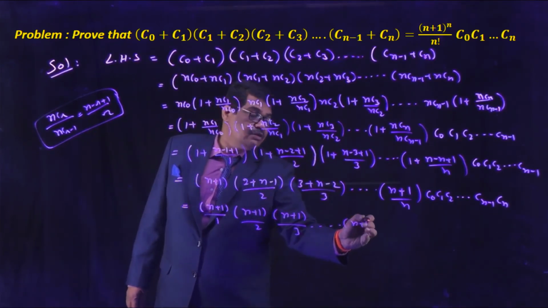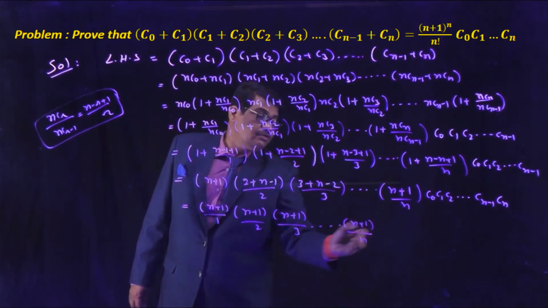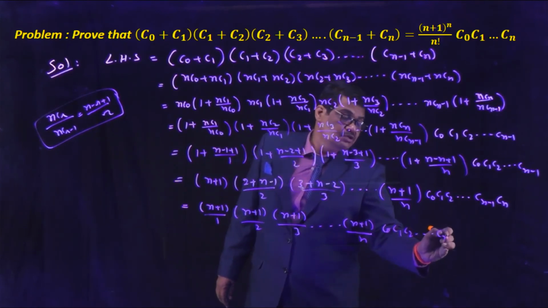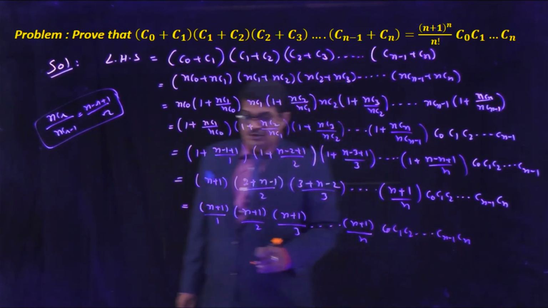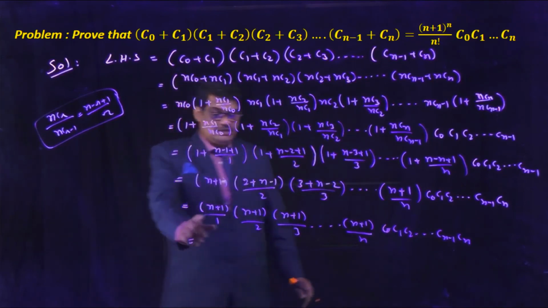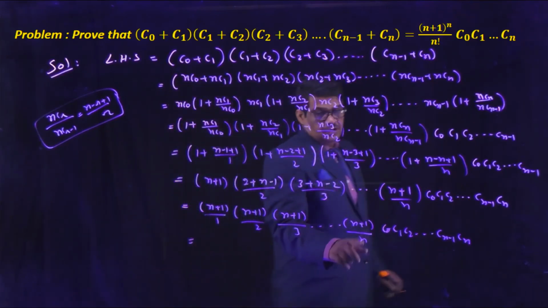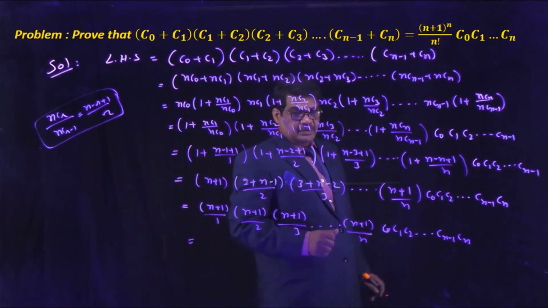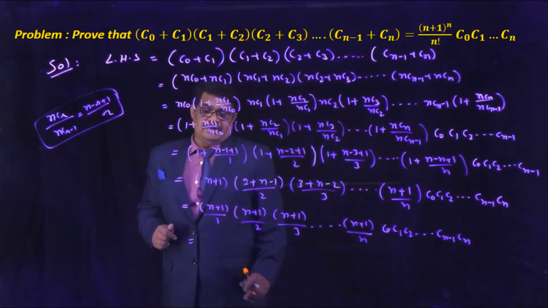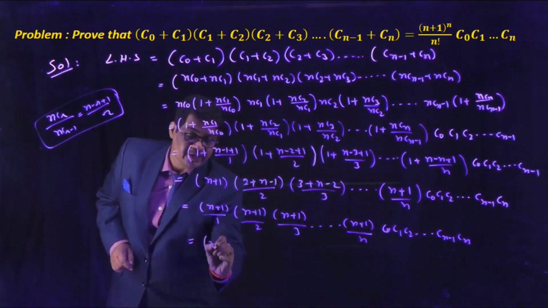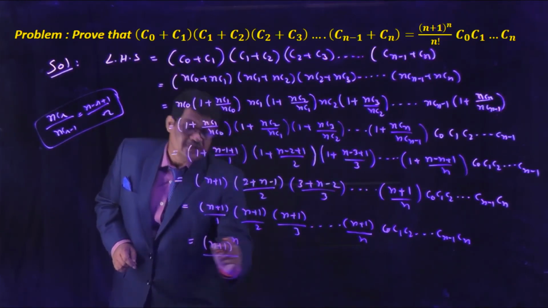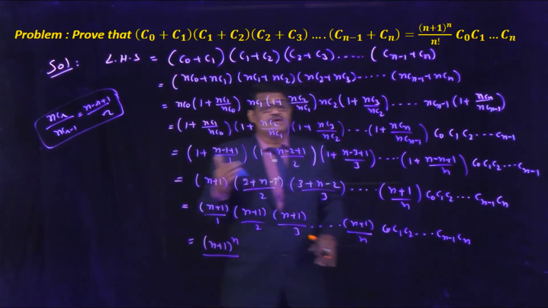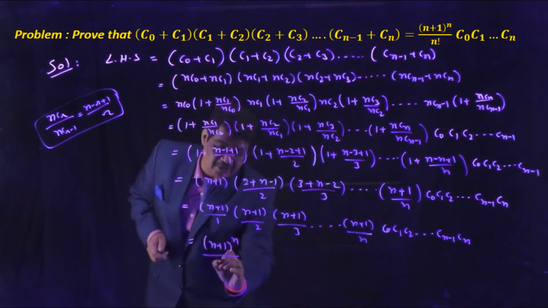Here (n + 1)/n into C0, C1, C2 and so on, Cn−1, Cn. In the numerator we have n + 1, n + 1, n + 1 and so on. How many times does n + 1 appear? That is n times, so we get (n + 1)^n. In the denominator, 1 into 2 into 3 and so on n, the product of n natural numbers, that is n factorial.